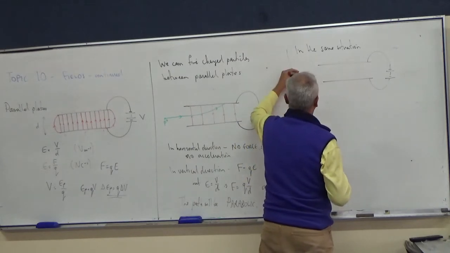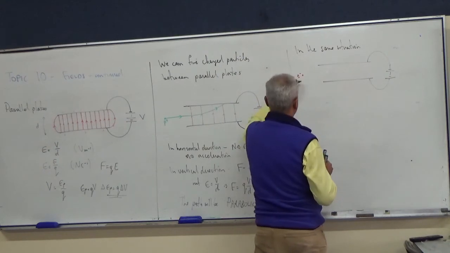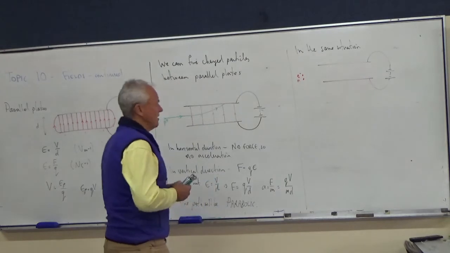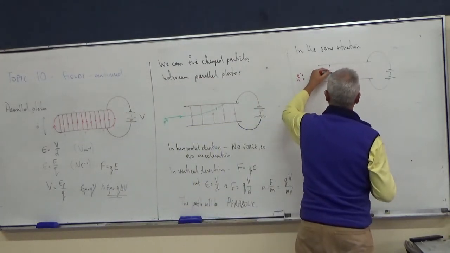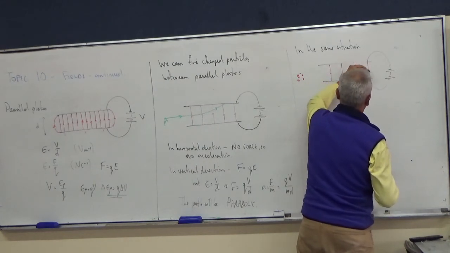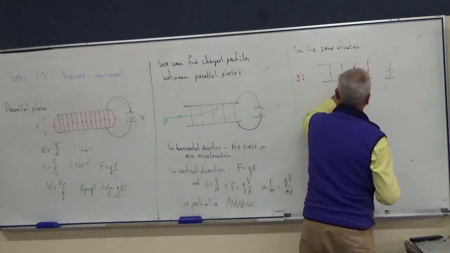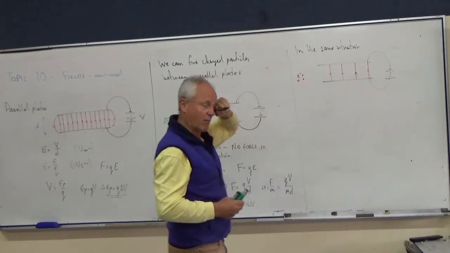Let's have an electron, minus, and a neutron. Okay, so I'll just draw in those same field lines. So the field is still like that, we haven't changed. The field is from positive to negative, away from positive.